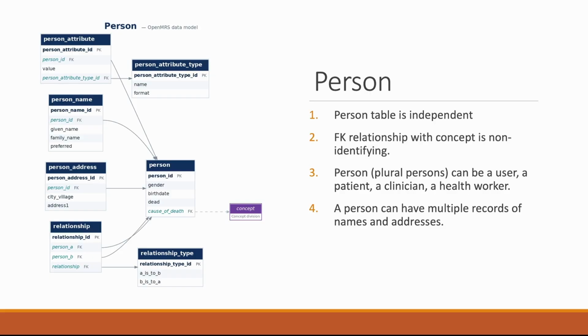Why do we have a whole table just to store person name? Within that table you will see there's a given name, a family name, a middle name, a surname. There are many columns just to capture the name itself. The question is, why do we have a table instead of columns inside the person table?